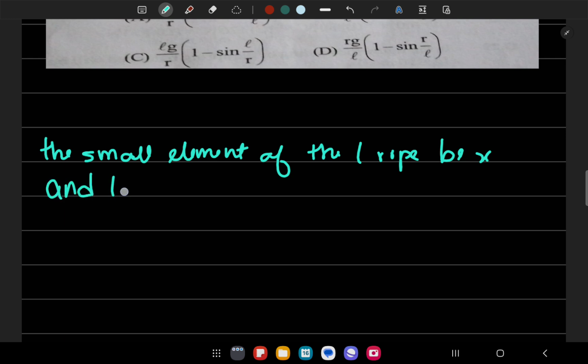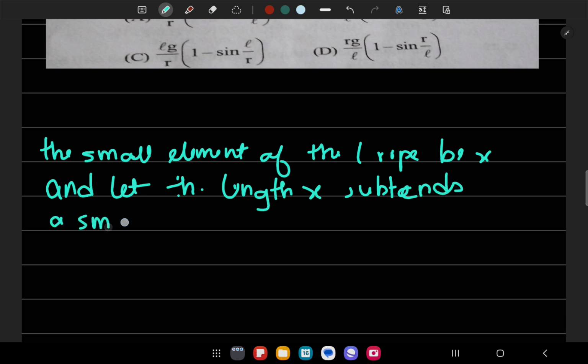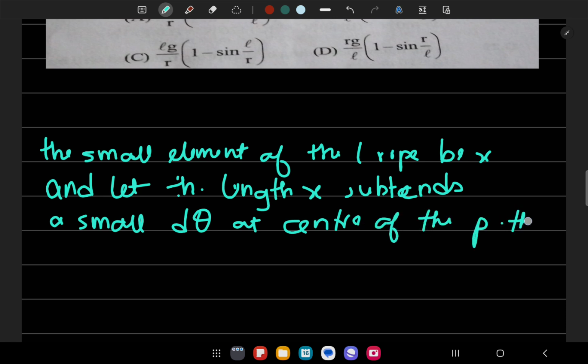And let the length x subtend a small angle d theta at the center of the path.